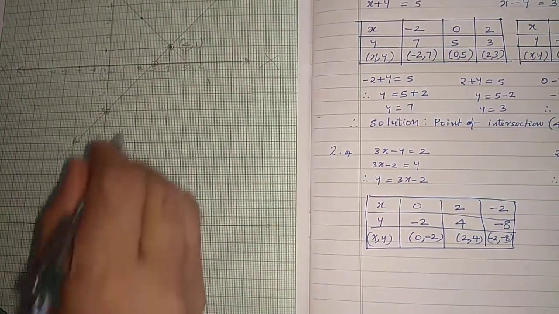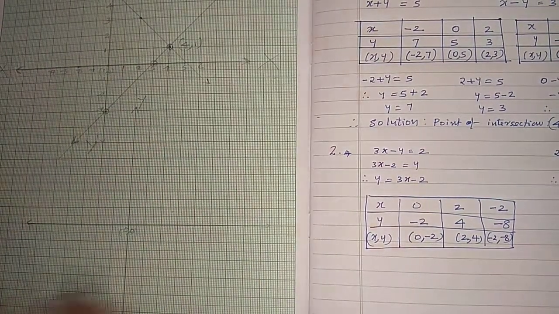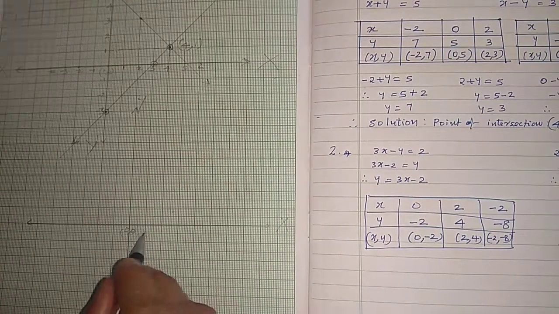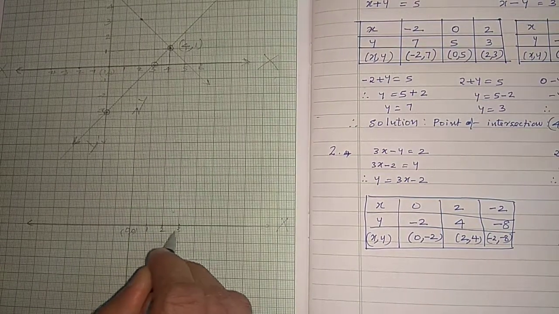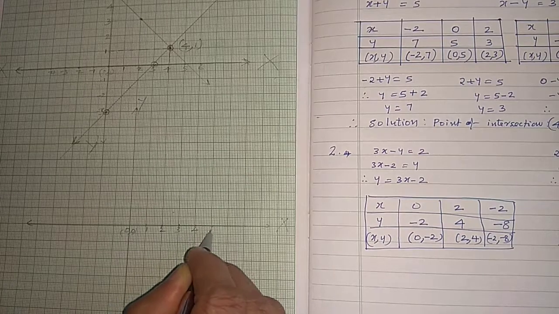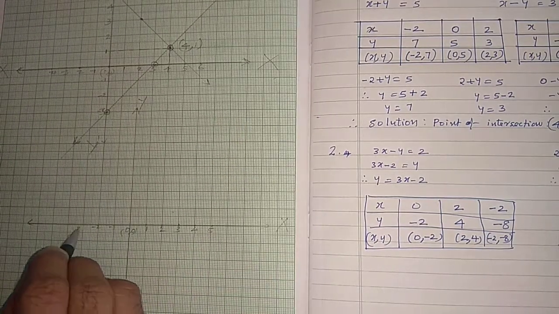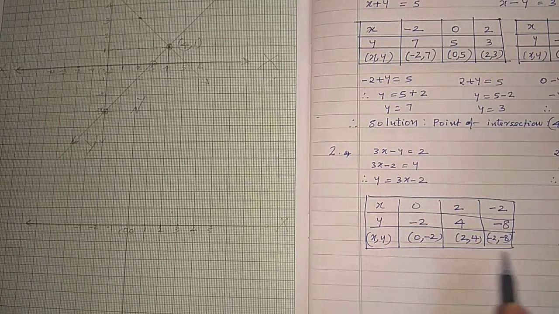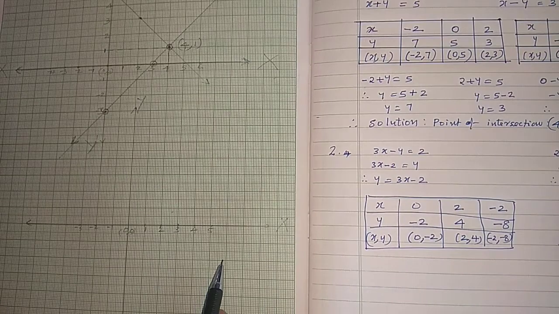Zero comma 0, origin. Vertical axis, y axis; horizontal axis, x axis. Here it is 1, 2, 3, 4, 5 and so on. Here it is minus 1, minus 2, minus 3. X is minus 2. Y is minus 8, plus 4 also.